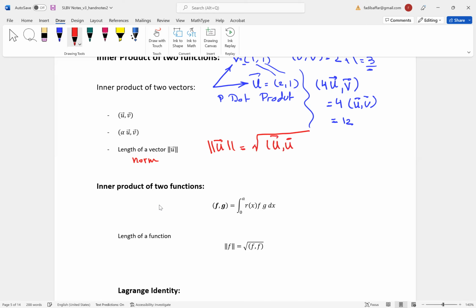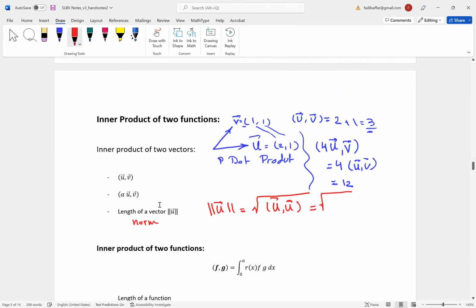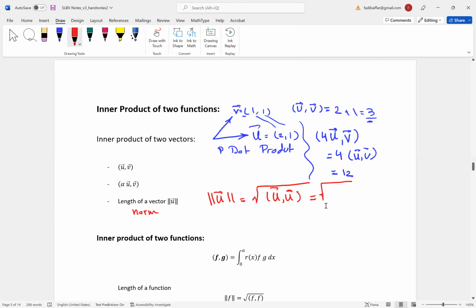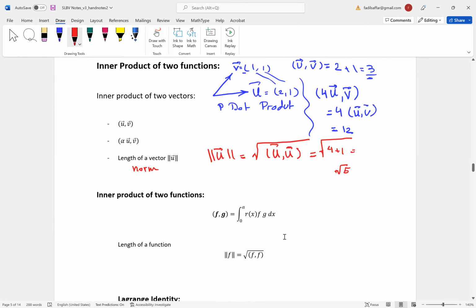So that's the inner product of u and u, square root. For example, here we have u, which is 2 and 1. So that would be 2 times 2, 4, plus 1, which is just the square root of 5. And that's the length of the vector u.